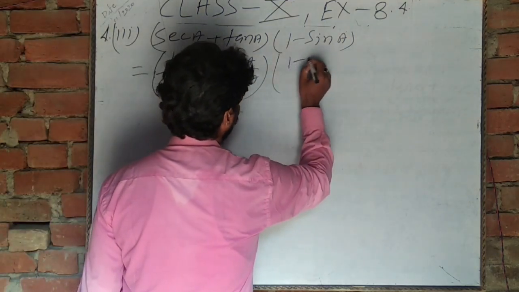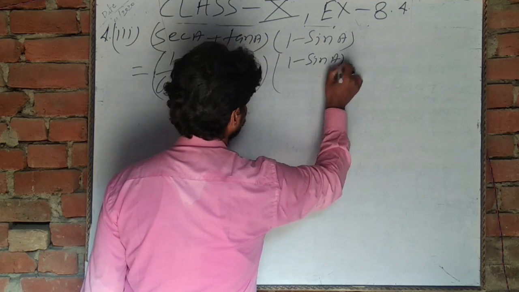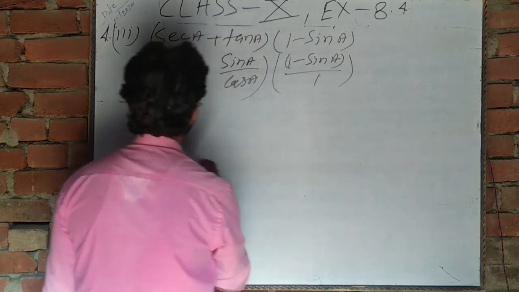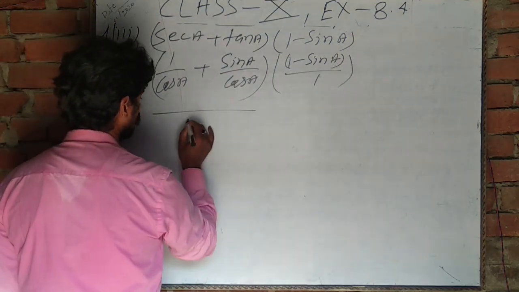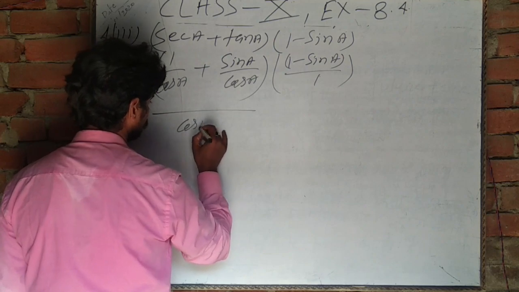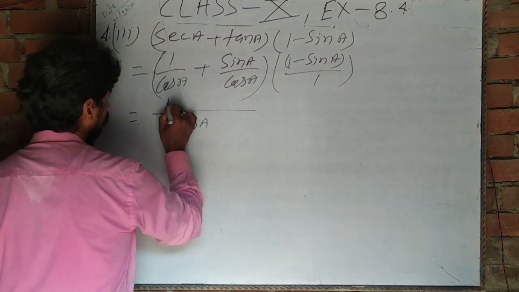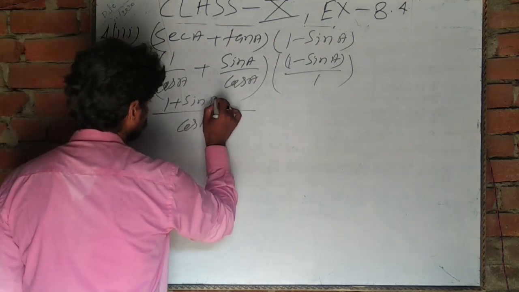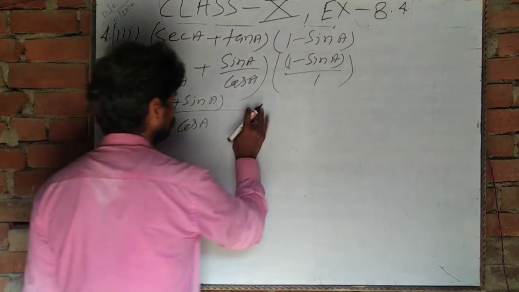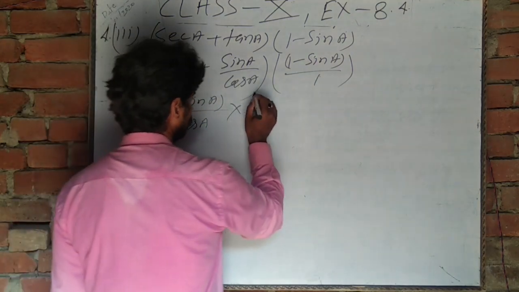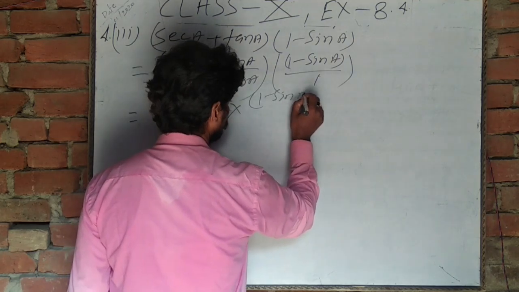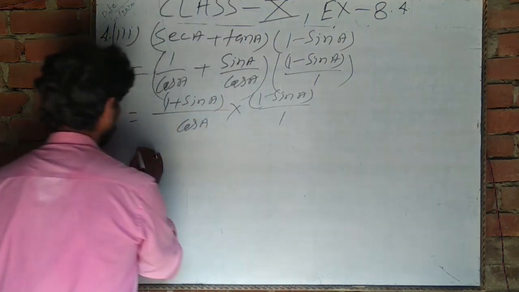Into 1 minus sin A by 1. LCM is cos A. We will write 1 plus sin A into 1 minus sin A by 1.